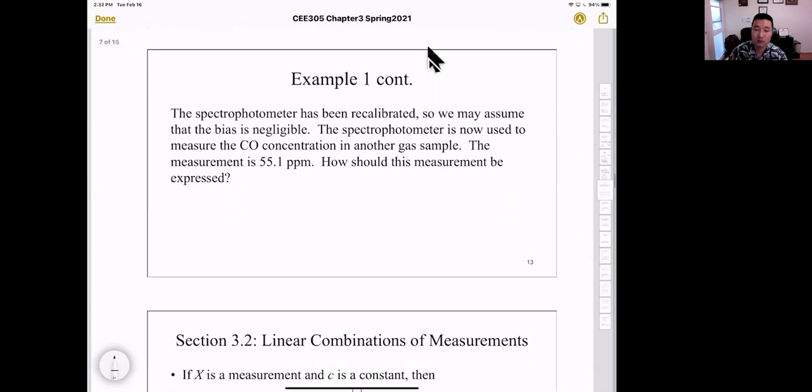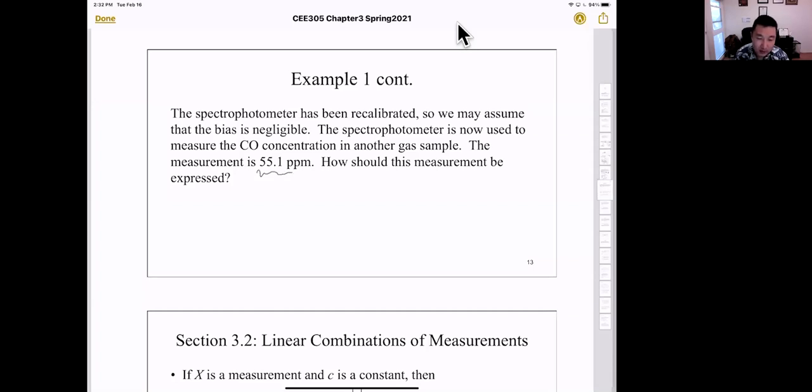And here is the same example. The spectral photometer has been recalibrated, so that means the bias right now becomes 0. So we may assume that the bias is negligible. The spectral photometer is now used to measure the concentration in another gas sample, and the measurement is 55.1 ppm.